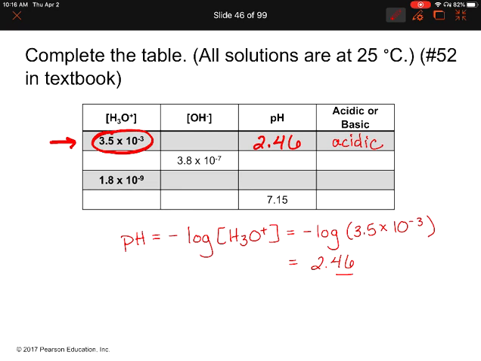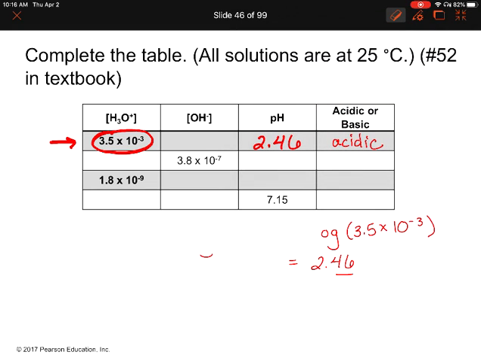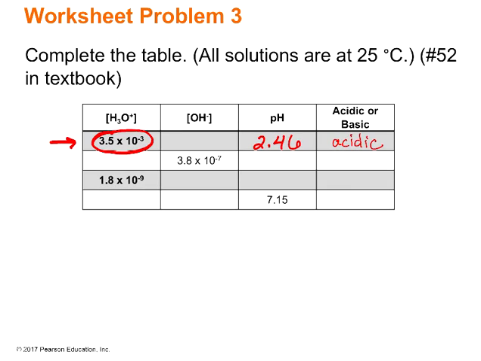Okay, so now the last thing we need to do is determine the concentration of hydroxide ions. So probably the easiest way to do this is to use that ion product constant.